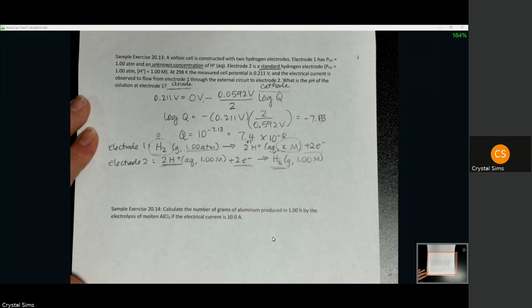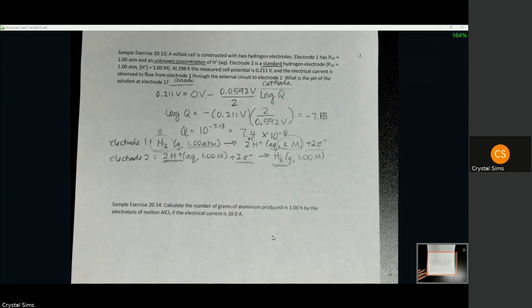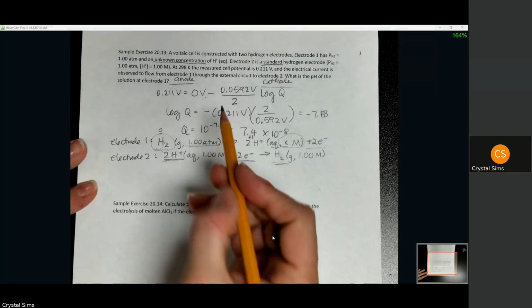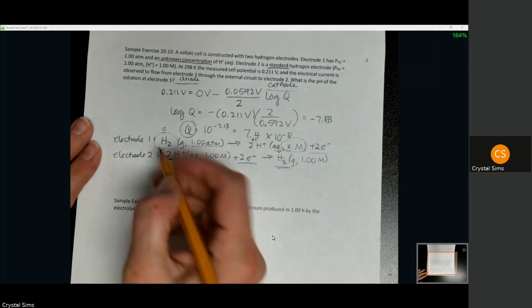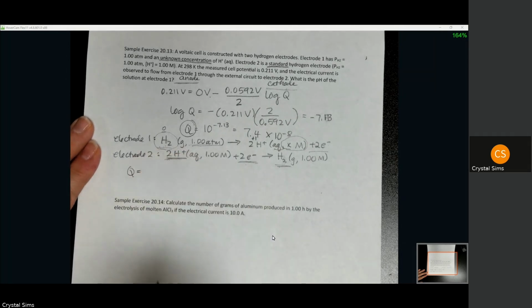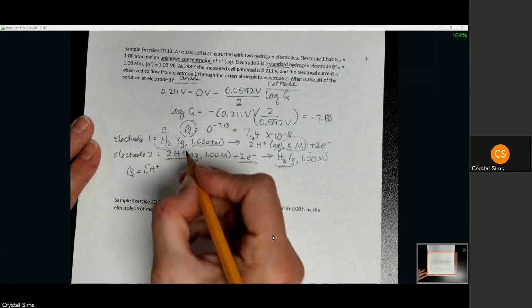Well, in order to figure that out, I have to look at what are my reactants, what are my products, because the whole thing we're trying to figure out here now is how to use Q to solve for our hydrogen ion concentration. So I'm going to set up my Q now that I understand which ones are products and which ones are reactants.